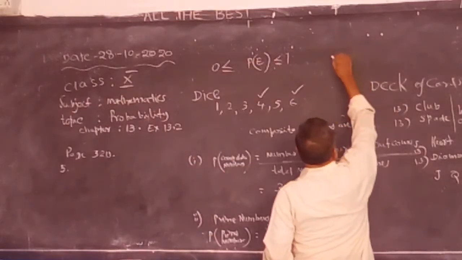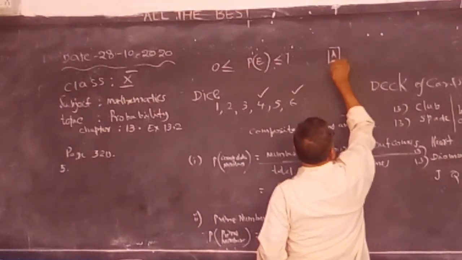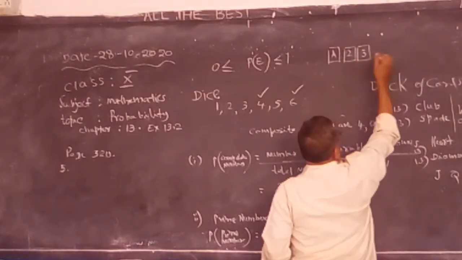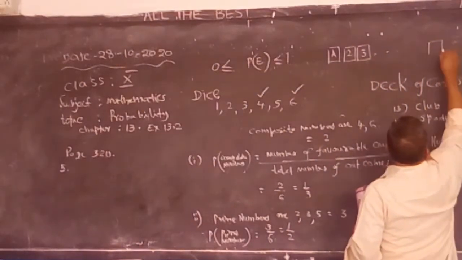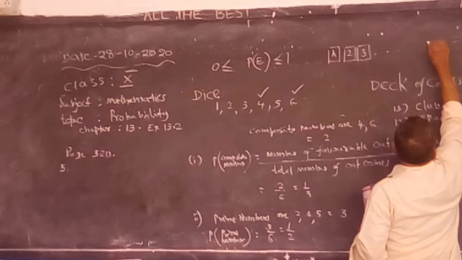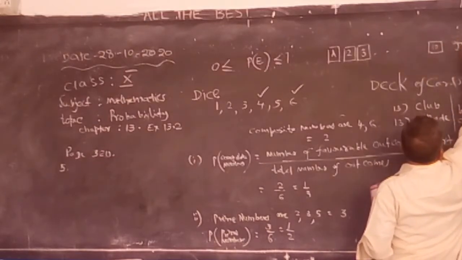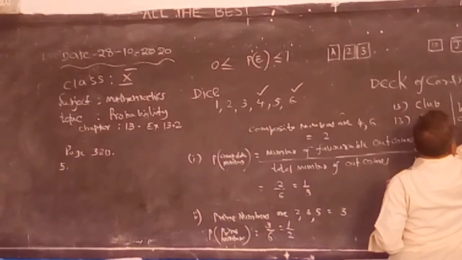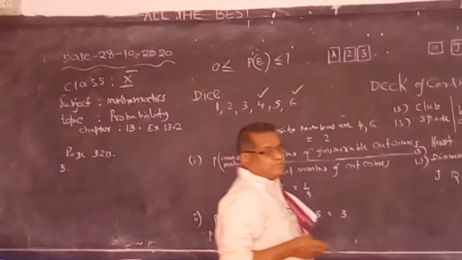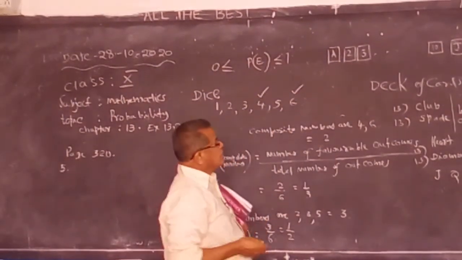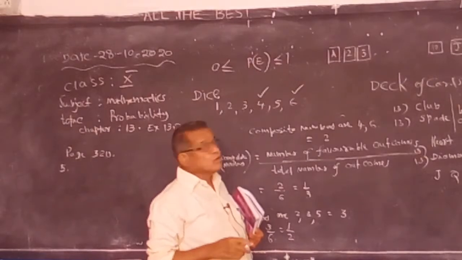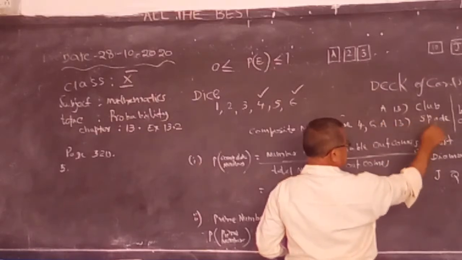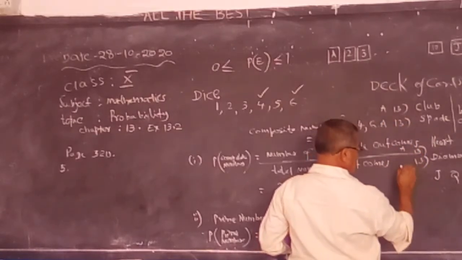The cards start from A. A means ace, 1, next 2, next 3, and so on up to 10, then jack, queen, king. This is the order of the cards. Each time, 4 aces are there: 1 ace in club, 1 in spade, 1 in heart, 1 in diamond.